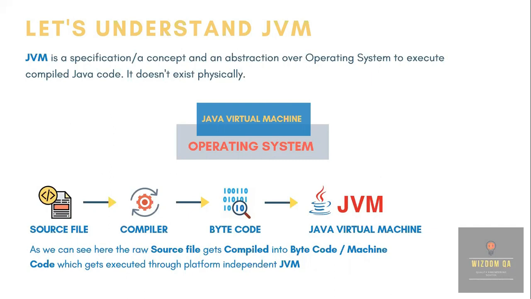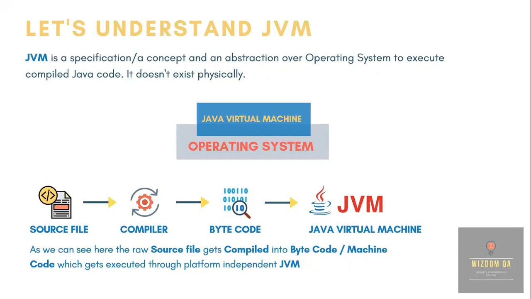What I mean by that is we have operating systems: Windows, Mac, Linux. These are different operating systems, totally fine. What JVM does is it creates an abstraction on top of the operating system. That's why I'm showing you here in the picture that we have the underlying operating system, and on top of that we have the abstraction of Java Virtual Machine.